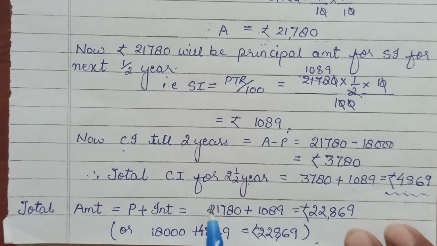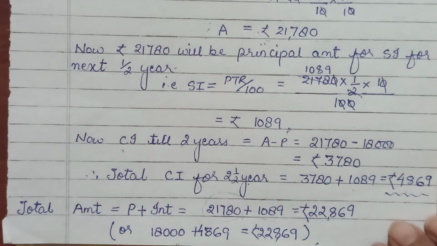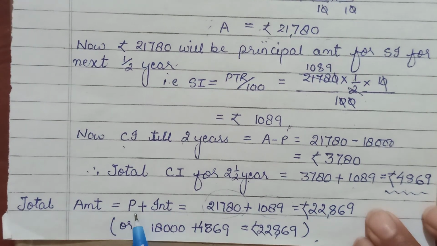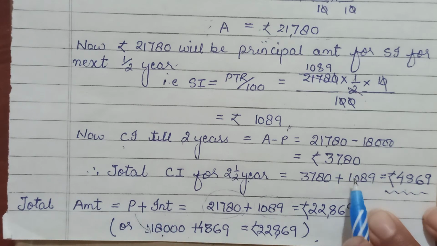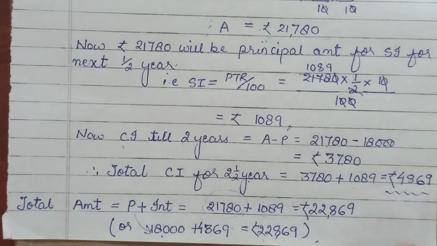Either do it this way: principal after 2 years plus interest for the next half year will give you the amount for 2.5 years. या the other way round, आप इसको ऐसे भी कर सकते हो कि initial principal हमारा था 18,000 and interest आपने total interest निकाल दिया, total compound interest. तो total compound interest plus the basic starting principal will also give you your amount. So it's your choice. There are two ways you can find it.